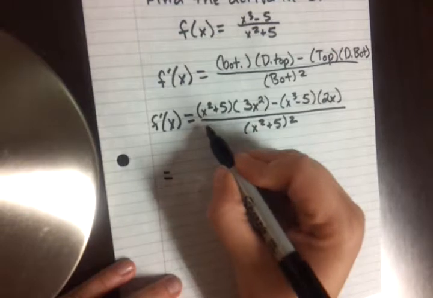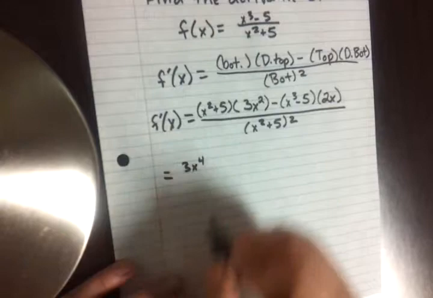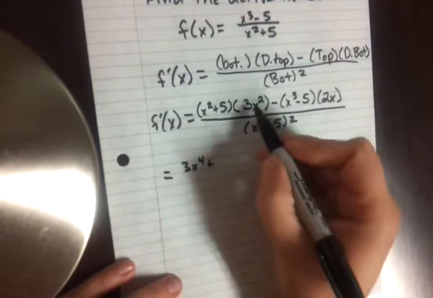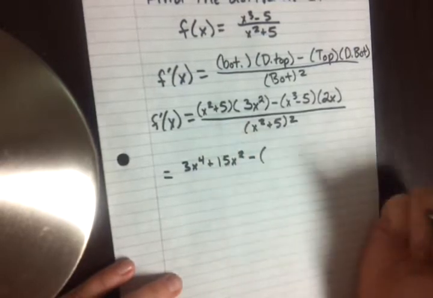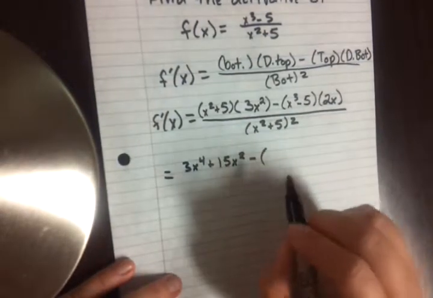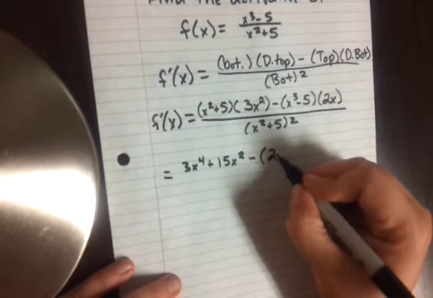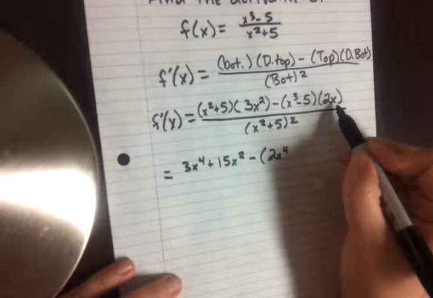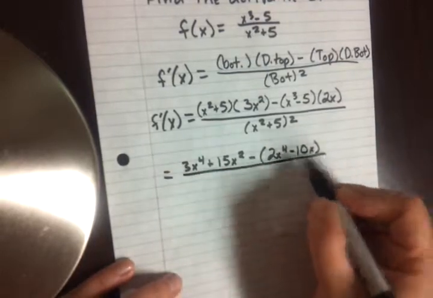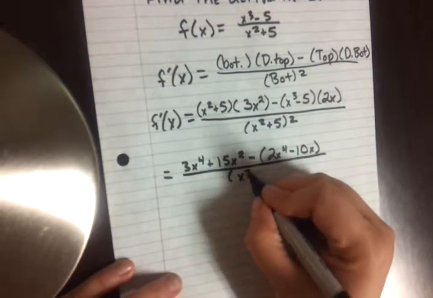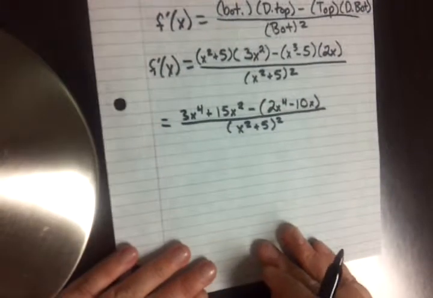So that equals, let's see, 3x squared times x squared is 3x to the 4th, plus 3x squared times 5 is 15x squared, minus, let's get a parentheses in here to make sure we don't misplace any negative signs, 2x times x cubed is 2x to the 4th, and 2x times negative 5 is negative 10x. And like I said, you don't have to do anything to the denominator, just keep copying that, so x squared plus 5 squared. Okay? We can do better than that.